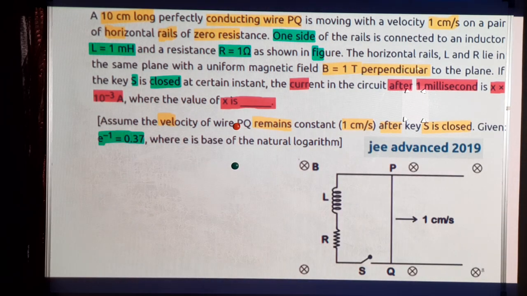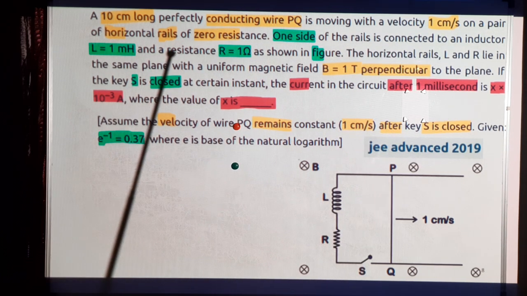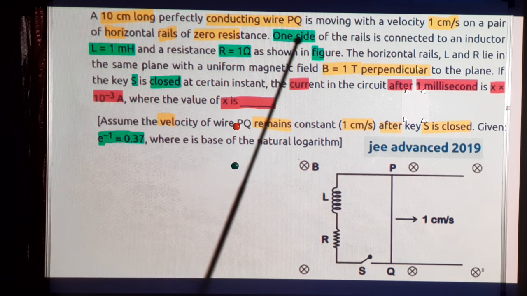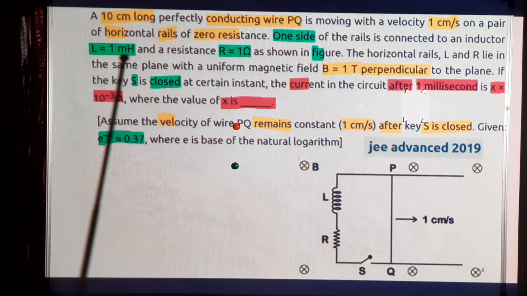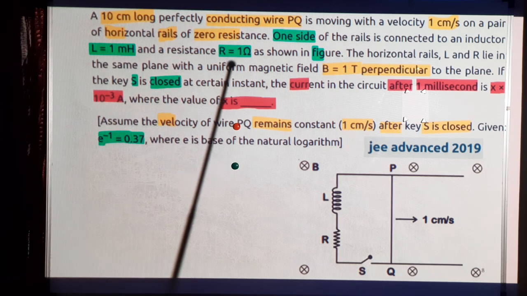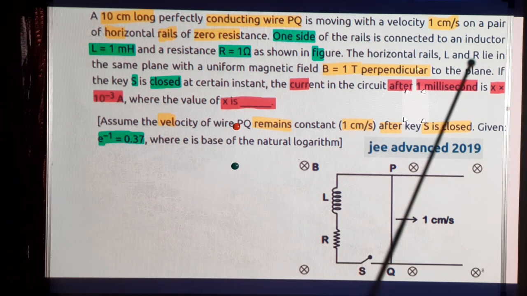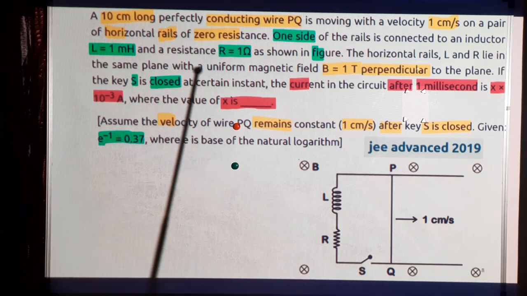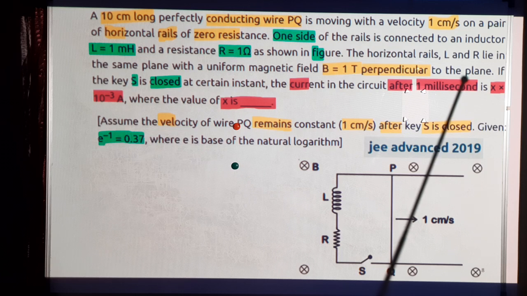This is the question. A 10 cm long, perfectly conducting wire PQ is moving with a velocity 1 cm per second on a pair of horizontal rails of zero resistance. One set of the rails is connected to an inductor L, 1 microhenry, and a resistance R, 1 ohm, as shown in the figure. The horizontal rails lie in the same plane with a uniform magnetic field B equal to 1 Tesla perpendicular to the plane.